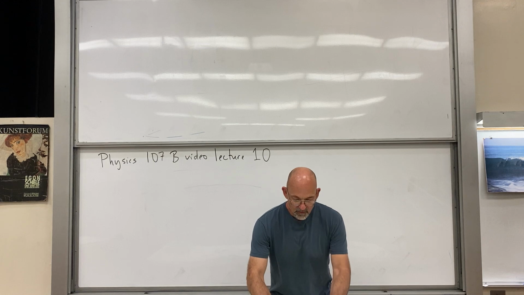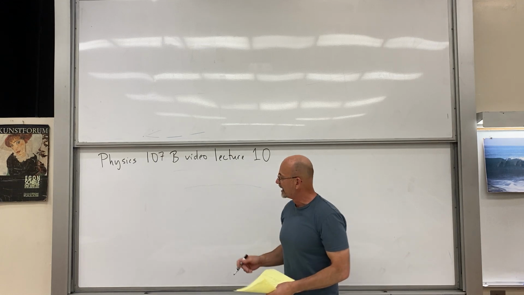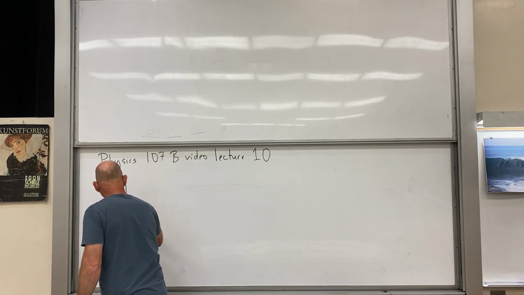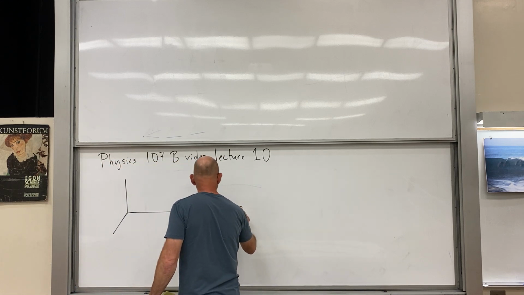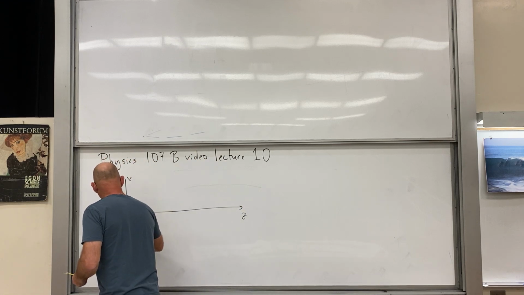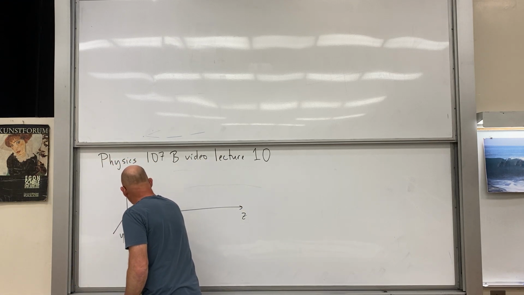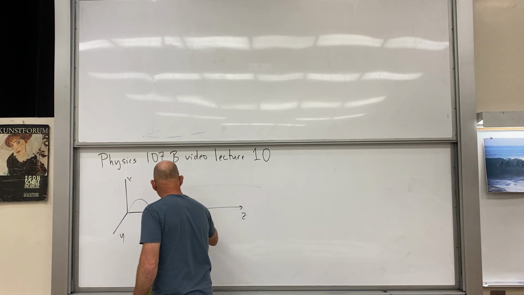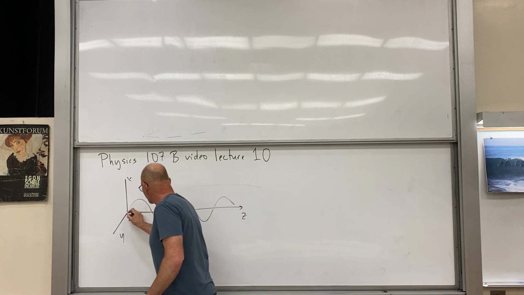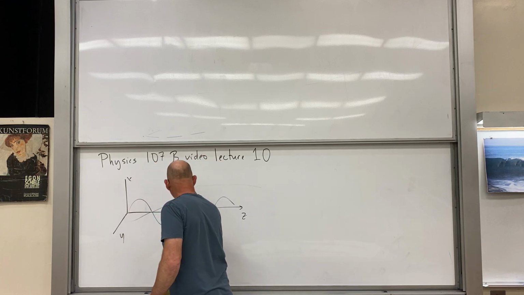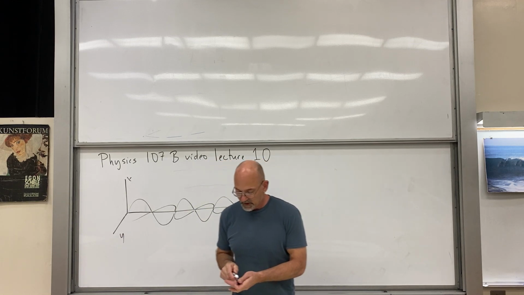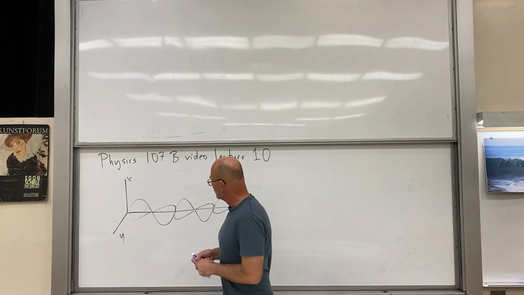But picking up where we left off, we had our monochromatic waves. I'm going to try to draw a nice drawing here that I can refer to. So we're in the Z direction, we have X and Y, and we had our electric field and the accompanying magnetic field in phase, perpendicular to each other, and we can give them colors just because we can.